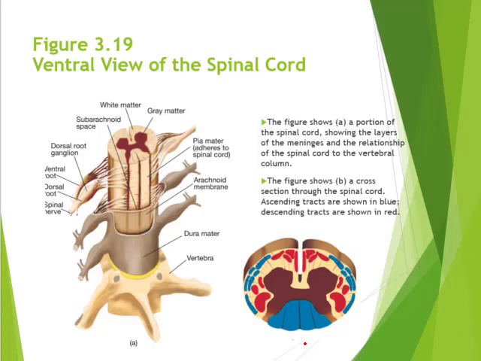And figure B, which has lost its label right here, shows a cross-section of the spinal cord that highlights ascending tracts in blue and descending tracts in red. So the nerve fibers go in different directions depending on whether they are carrying or taking away information from the main relay centers in the spinal cord or the brain.